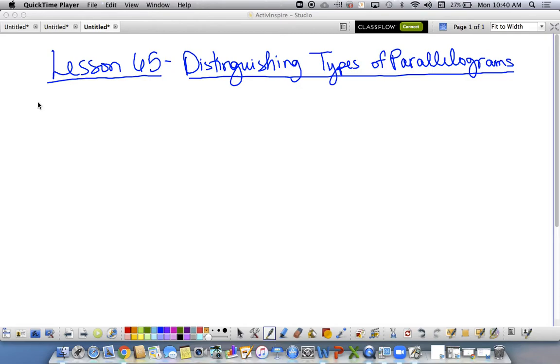Going forward now, we're going to decide if the parallelogram is not just a parallelogram, but is it a rectangle, a rhombus, or a square?